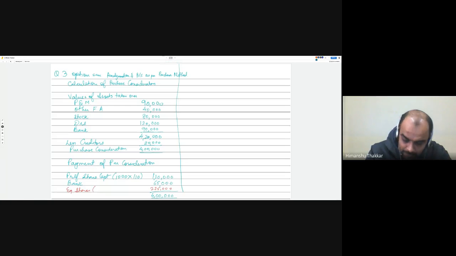So that will be how many shares? That will be 15,000 shares into 15 each. So this is what you have found out, which was not given. This is the balancing figure that you have found out. Okay, clear? Now we start with the entries.